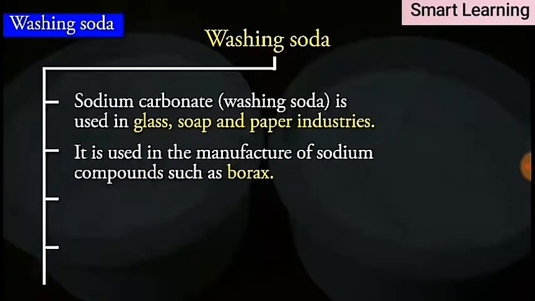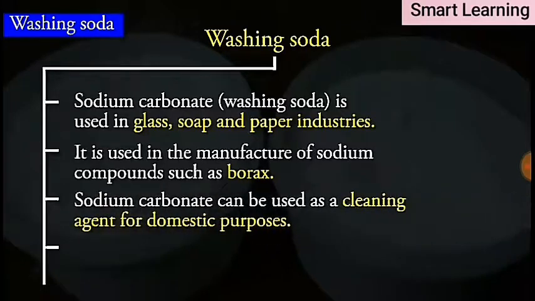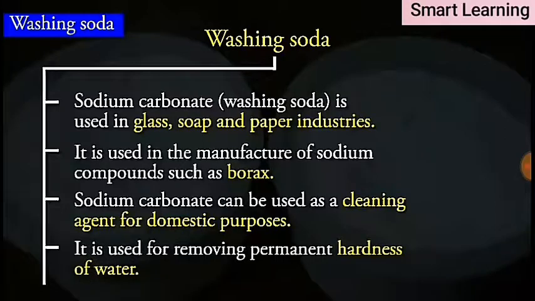It is used in the manufacture of sodium compounds such as borax. Sodium carbonate can be used as a cleaning agent for domestic purposes. It is used for removing permanent hardness of water.